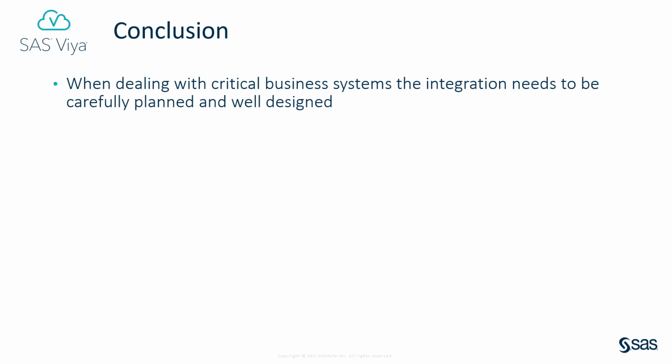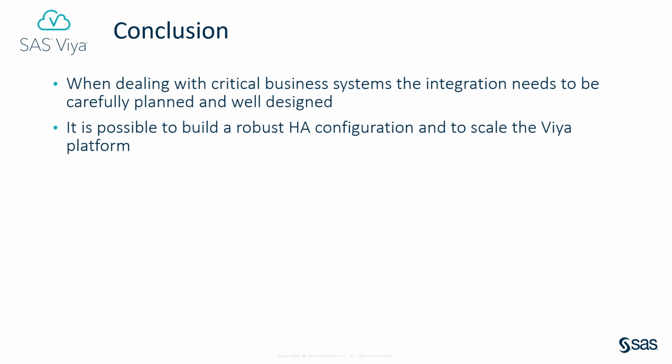So, in conclusion, when dealing with business critical systems, the integration needs to be carefully planned and well designed. It is possible to build a robust, high availability configuration and to scale the Viya platform.